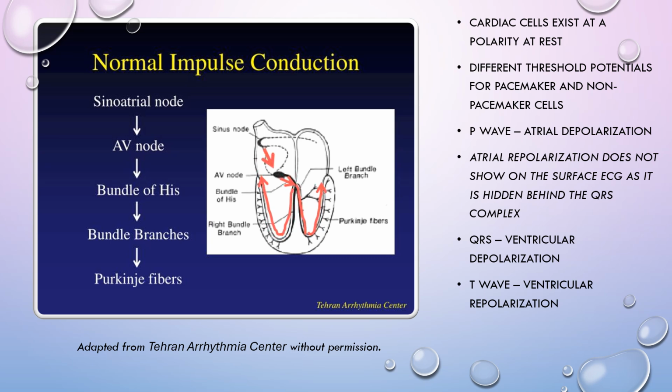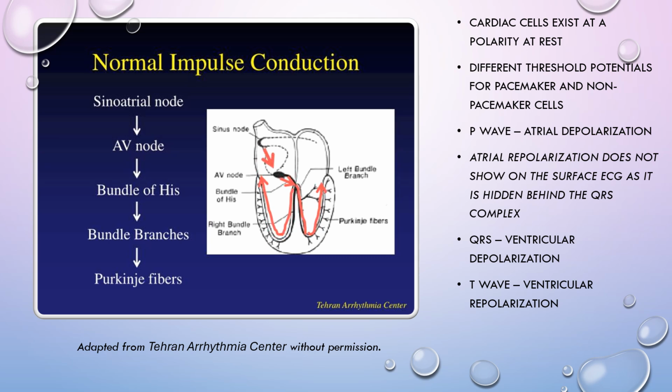So normal impulse conduction starts from the sinoatrial node, which is the pacemaker of the heart, spreads to the atria, then goes through the conducting pathway into the AV node, the bundle of His, the bundle branches, into the left first and then the right, and then the Purkinje fibers. Like I had said before, these cells exist at a polarity, the inside of the cells being more negative than the outside.